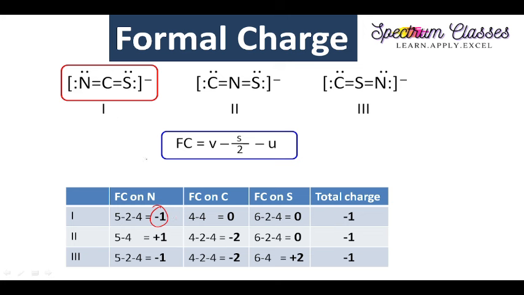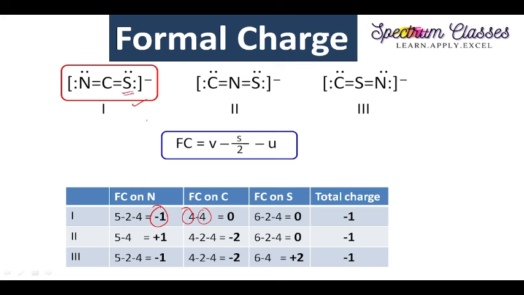Second is carbon. Carbon has 4 valence electrons and forms 4 bonds in this molecule. No unshared electron is seen there. Actually these molecules are given in the question. So this carbon has 0 formal charge. Now coming to the sulfur atom of the first molecule.